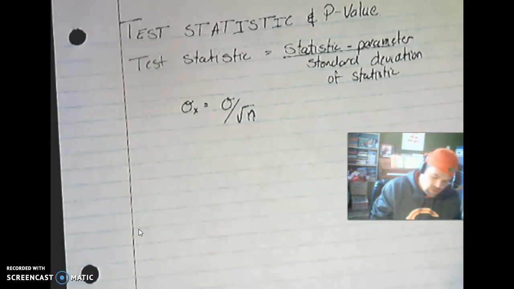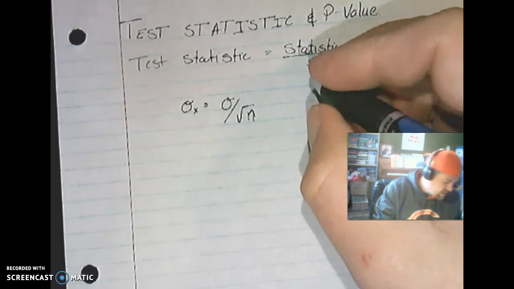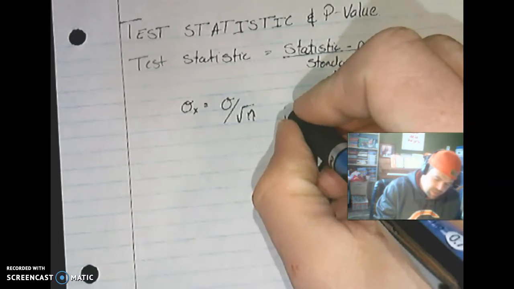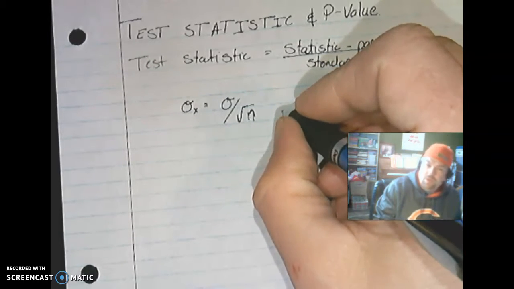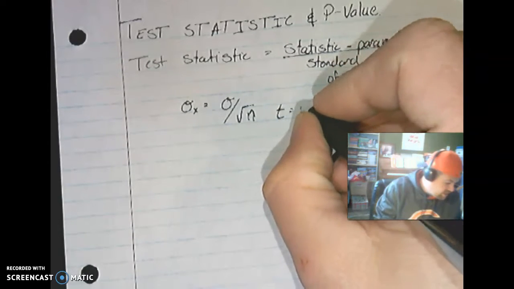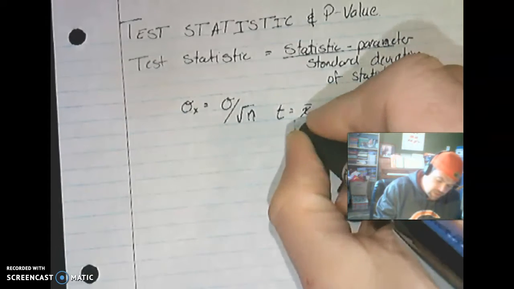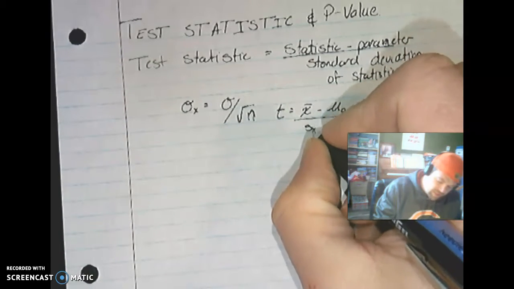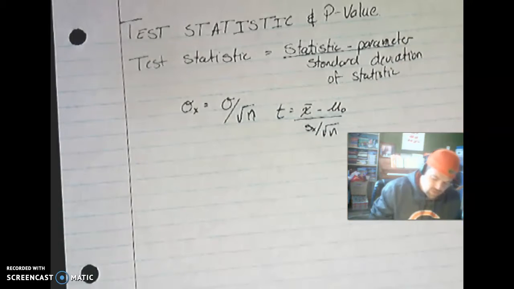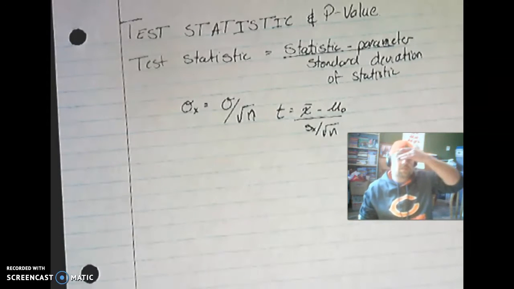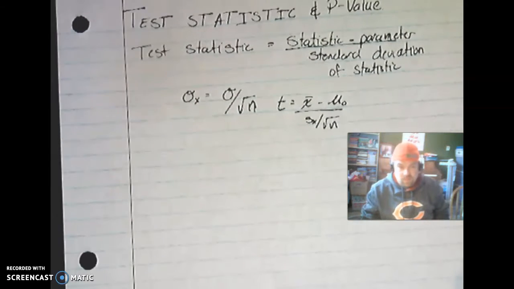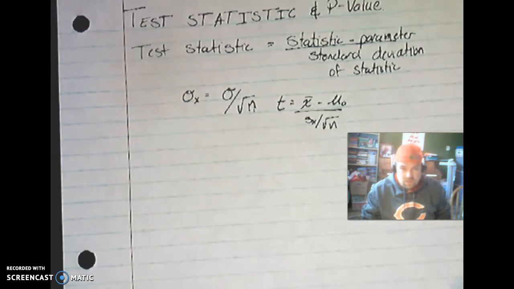So what this looks like is t is equal to x bar minus the mean, divided by s of x divided by the square root of n, just like what we talked about before.